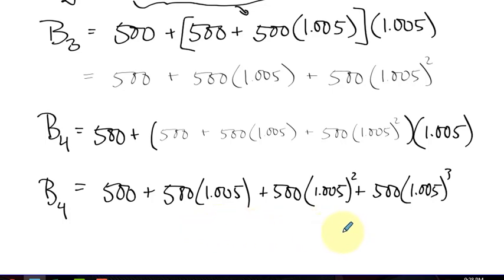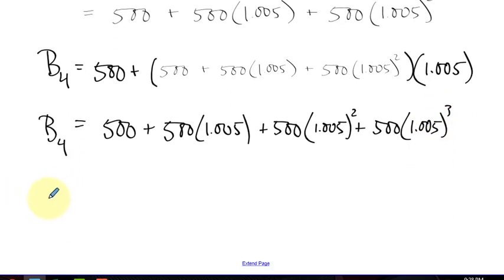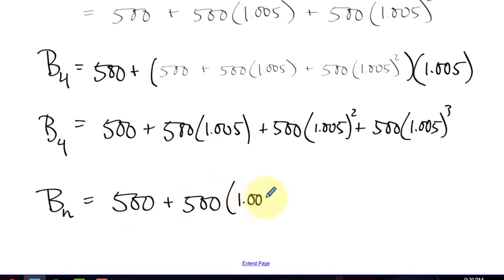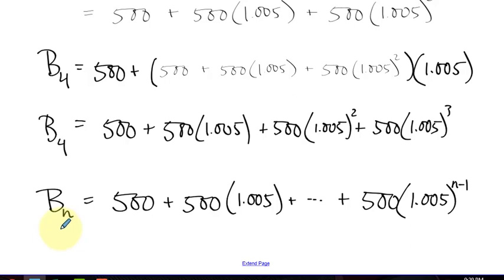But we do have a geometric series, and each of these finite sums is a number that we can compute with that formula for the nth partial sum. Notice a pattern here that the fourth partial sum ends with a power 3, so we can generalize this and say the balance after n months, after n payments, is 500 plus 500 times 1.005 plus, and it would continue up to this last term that has to have a power n minus 1, because that is one less than the number of payments or months.